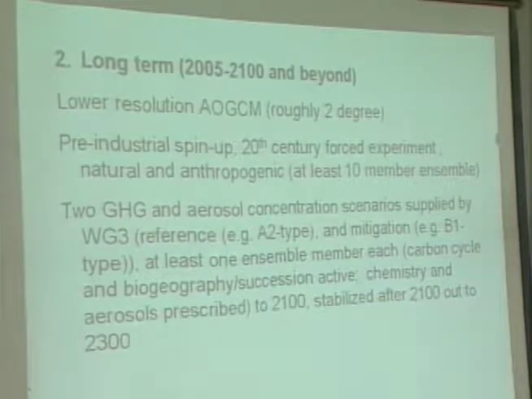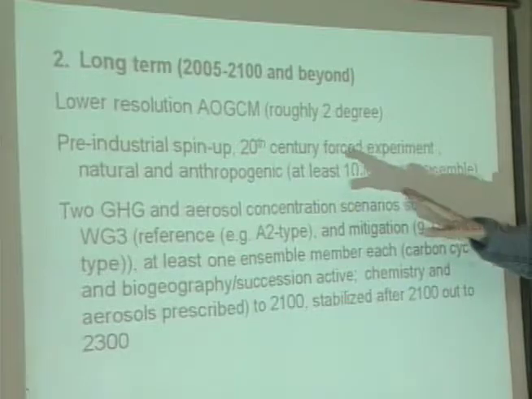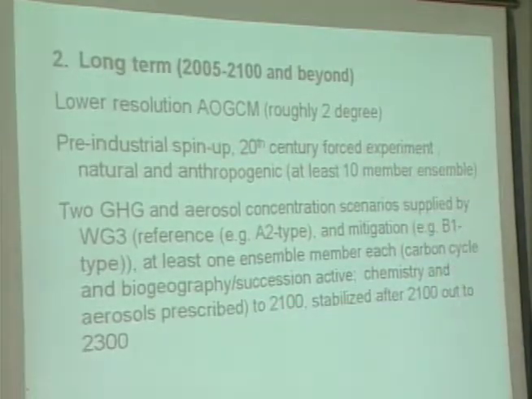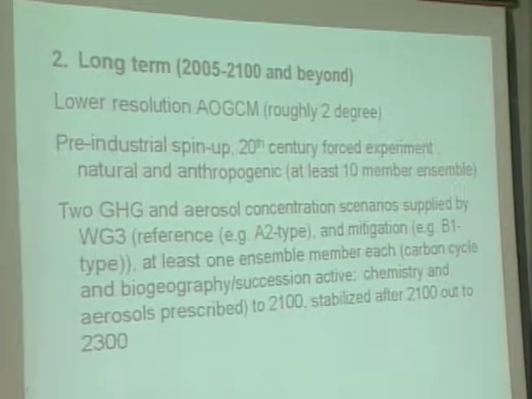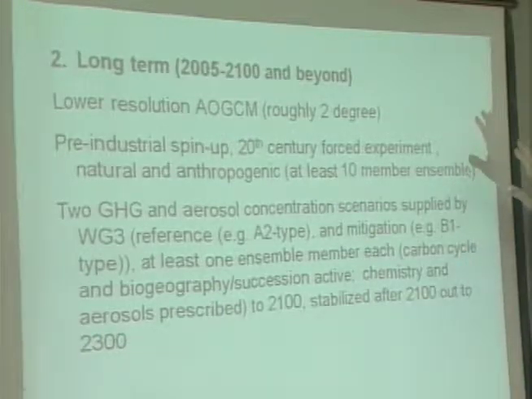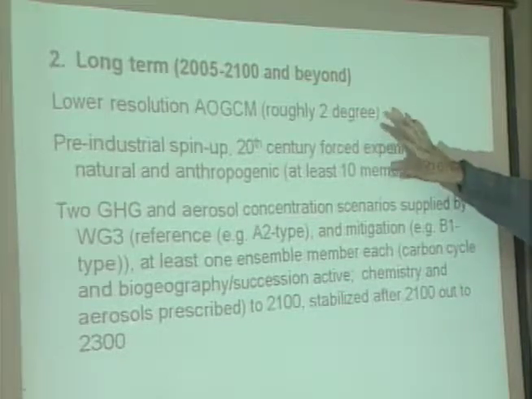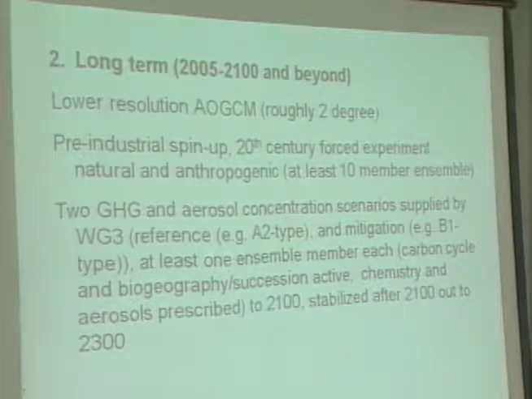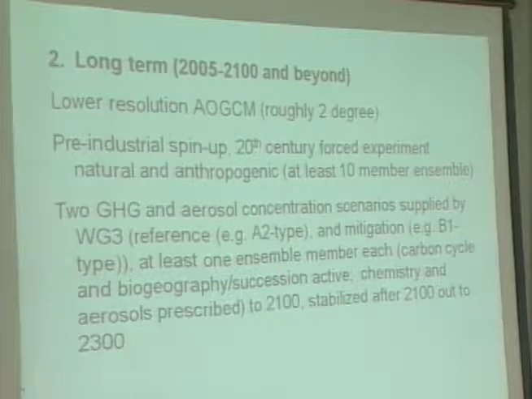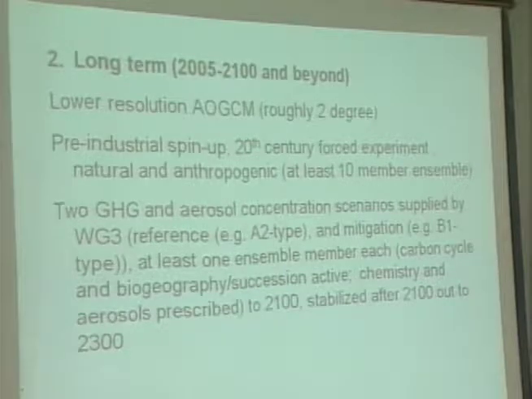They'd be done the way we've done these before, with a pre-industrial spin-up, and then 20th century forced experiments with natural and anthropogenic forcings, at least 10 member ensembles for the detection attribution community. So this is pretty much with the conventional AOGCMs that we've already used, but these would still be appropriate to interface with these Earth system type models.